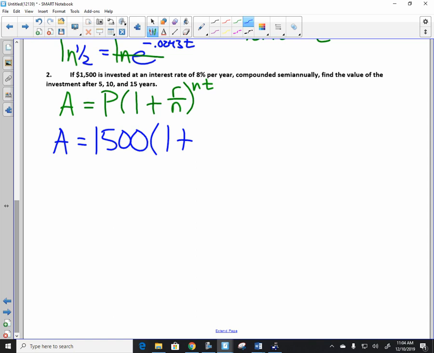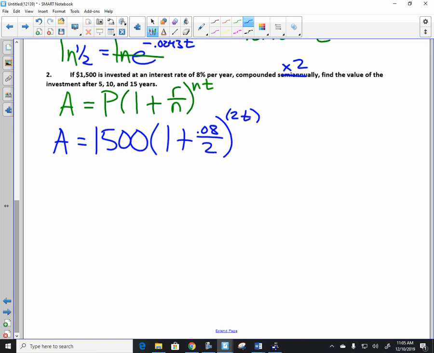Now, you don't write the rate as 8. You write it as a percent. What is my rate? 0.08 divided by what is n? n is the number of times on a yearly basis that the interest is compounded. Twice. Why? Semi-annually means twice a year. So divided by 2, raised to the n, that same number, twice a year, times t. t is the number of years which it is compounded.